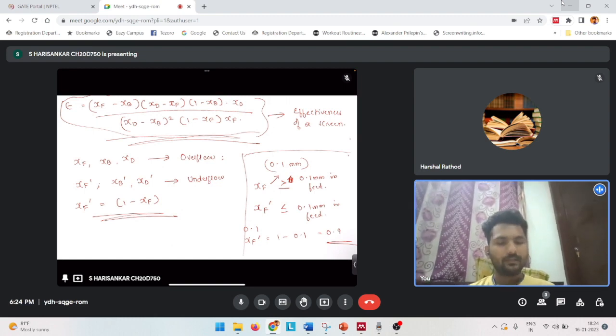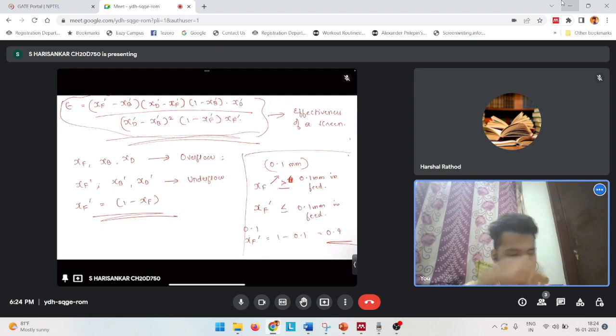So the effectiveness with respect to the underflow will be (xf dash minus xb dash) into (xd dash minus xf dash) into (1 minus xb dash) into xd dash, by (xd dash minus xb dash) the whole square into (1 minus xf dash) into xf dash. Right. So this is the equation for effectiveness of a screen.